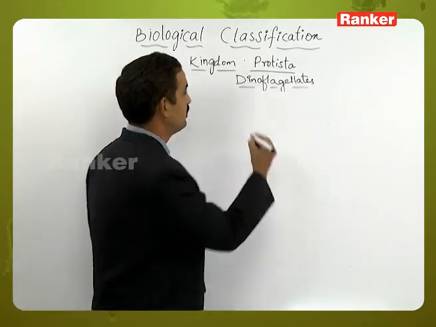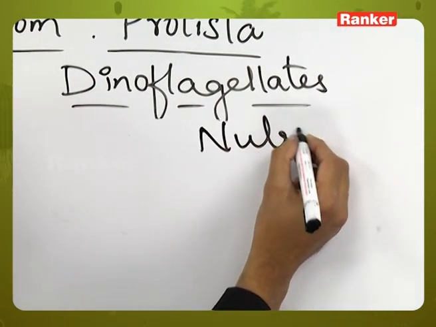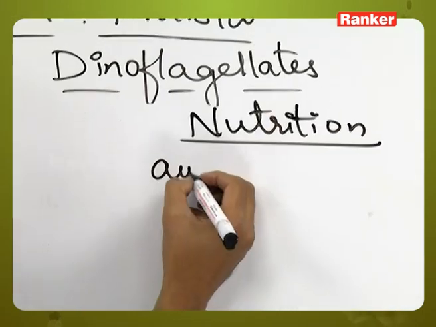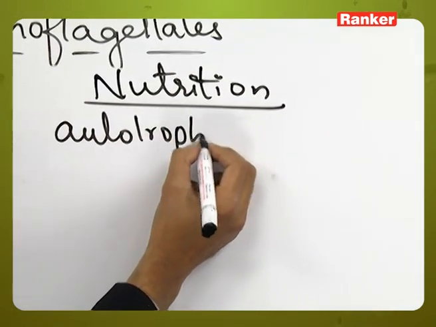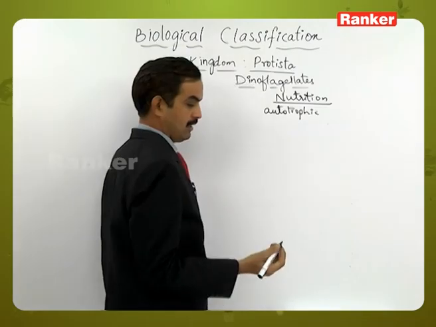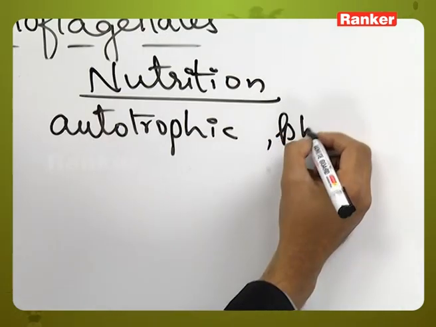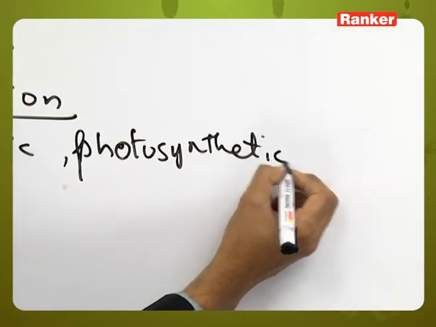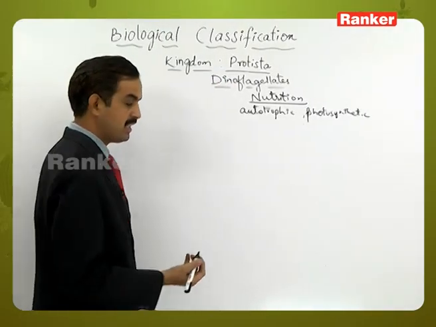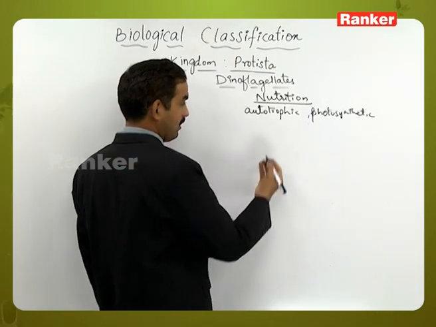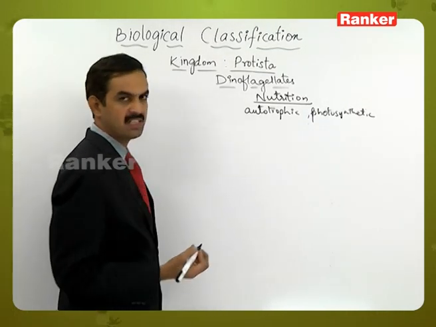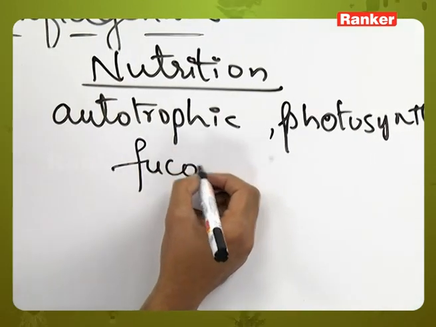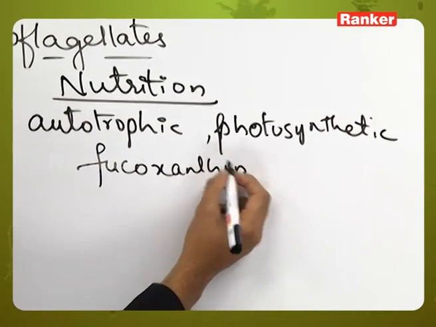Next character is the nutrition. These are autotrophic in their nutrition, that is, they perform photosynthesis also. They have the pigments concerned with the photosynthetic process, and apart from those, they contain fucoxanthin pigment also.